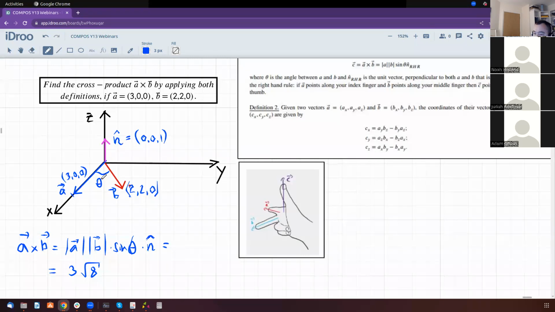Angle theta. Can somebody tell me what's angle theta? You could always use the scalar product to find the angle, but do you need to? In this particular case, you don't need to use the scalar product to find the angle.